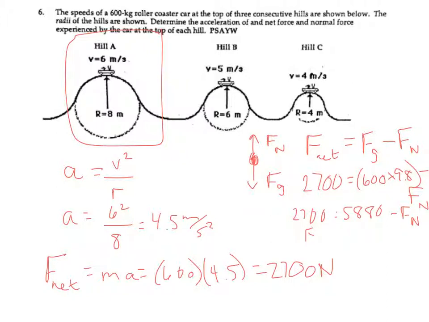So then I would have Fn plus 2700 equals 5,880. And then I'm going to subtract the 2700 to get the Fn by itself. So I subtract the 2700 from both sides. And you should get 3,180 newtons.